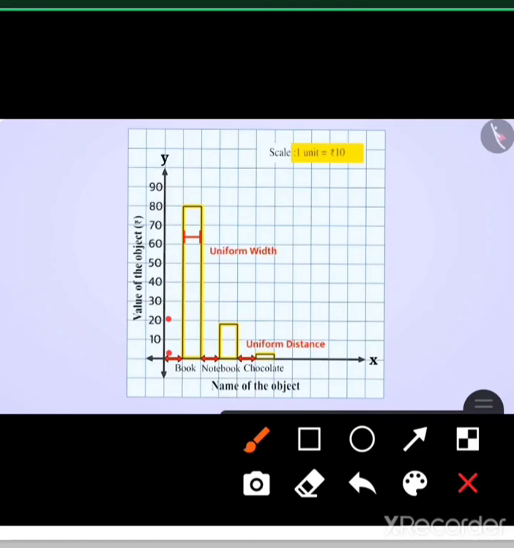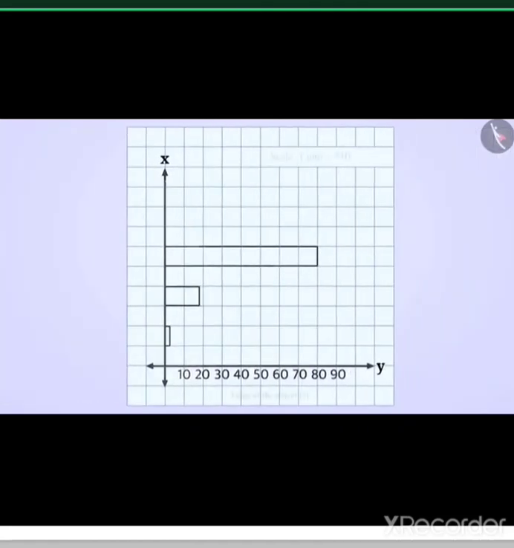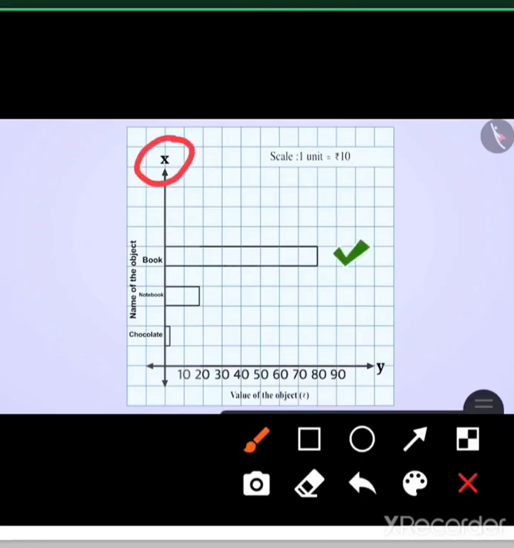And these bars are also of uniform width. These three standing lines are called bars. So this is a bar graph. We can also represent it horizontally like that, where the horizontal line represents the y-axis and the vertical line represents the x-axis.